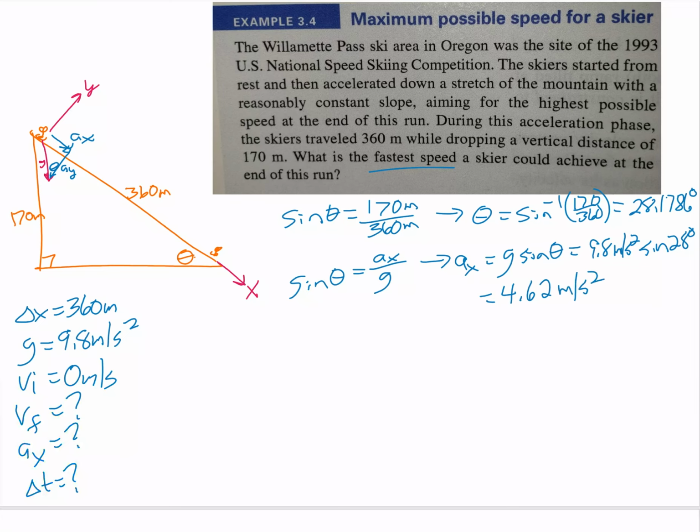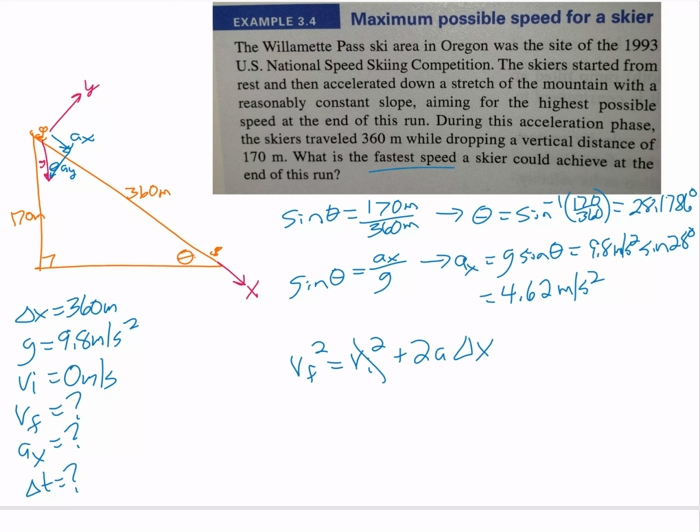Okay, so now we know the acceleration, but that's still not what we're looking for. What are we looking for? The final speed. So I need an equation that involves velocity final. It could have velocity initial in it. It probably does have acceleration. We know the delta x. So v sub f squared equals v sub i squared plus 2a delta x. What's v sub i squared? 0.